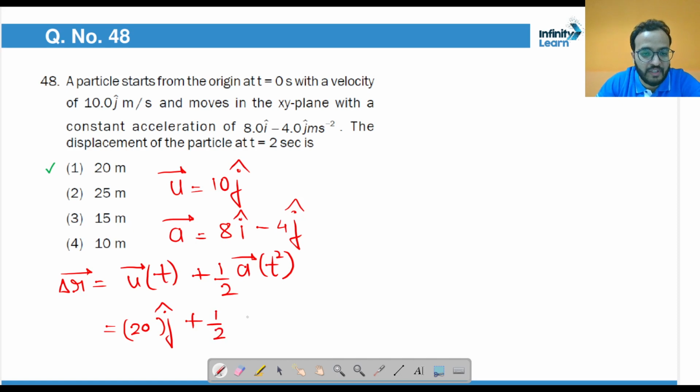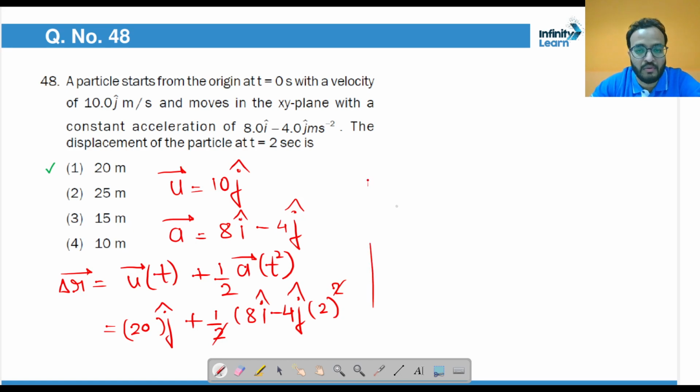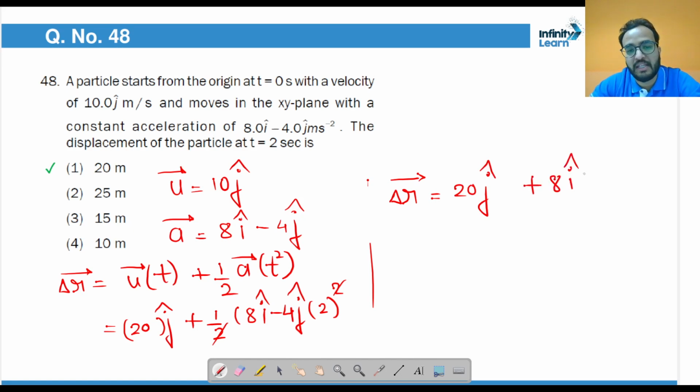plus half into 8 i cap minus 4 j cap into 2 square, cancel. So delta r vector will become 20 j cap plus, 8 2s are 16, right?